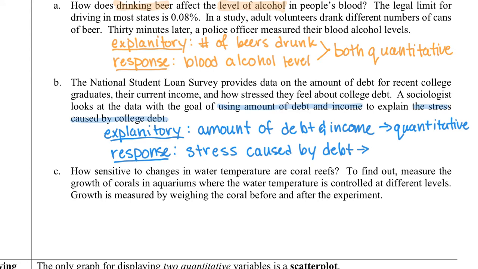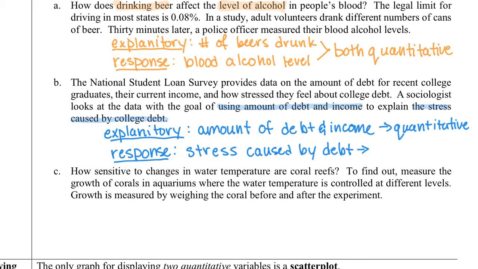The amount of debt and income is clearly quantitative since it is numerical, money, but the stress depends on how the surveyor actually does their questioning. If they ask people to rate their stress on a scale from 1 to 10, then it could be quantitative.